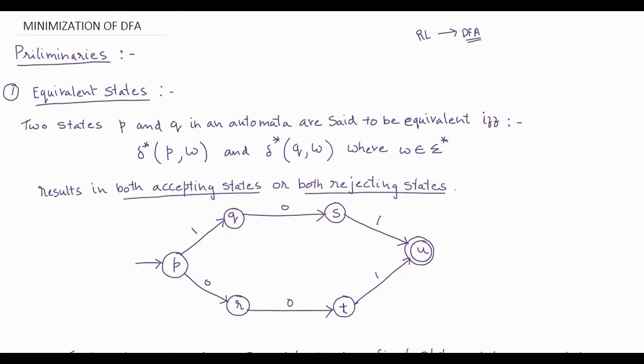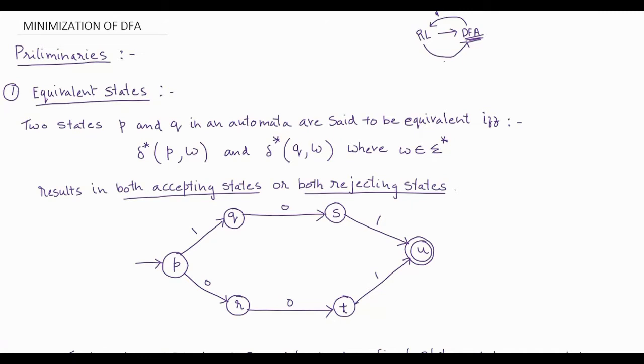Now just see the relation. A DFA identifies one unique regular language. The same DFA will not be able to identify any other language. So every DFA identifies one unique regular language. But the reverse relation does not hold: every regular language does not have a unique DFA.